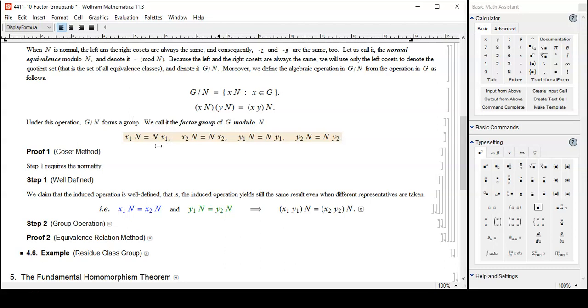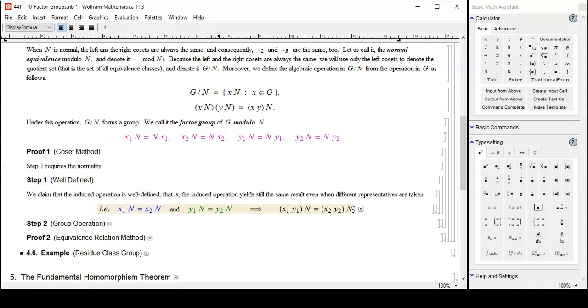We can switch the order. Left coset and right coset are the same. So we have this blue, green, and purple properties to use to prove this.